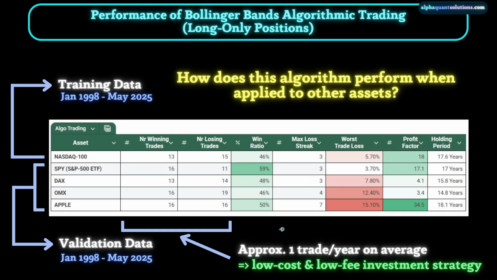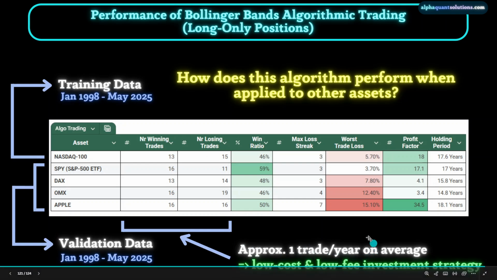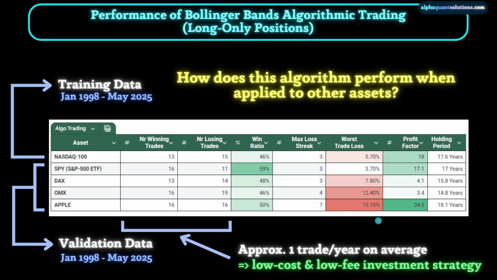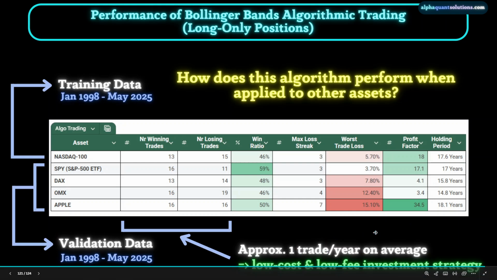What else can we mention about this algorithm? If we look at the number of trades over these 27.5 years, we see approximately 1 trade per year on average, which is a good thing because it means this algorithm comes with low cost and low fees.